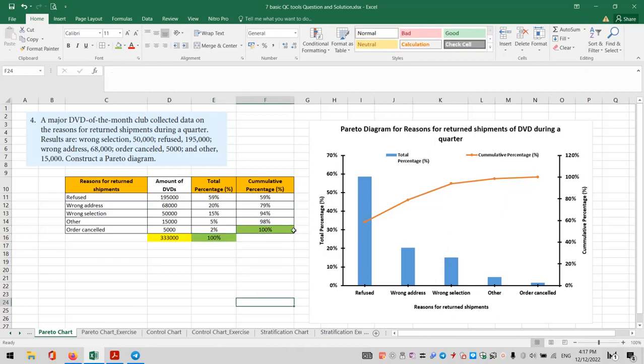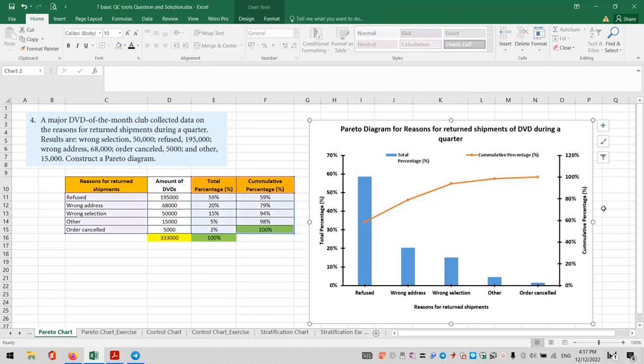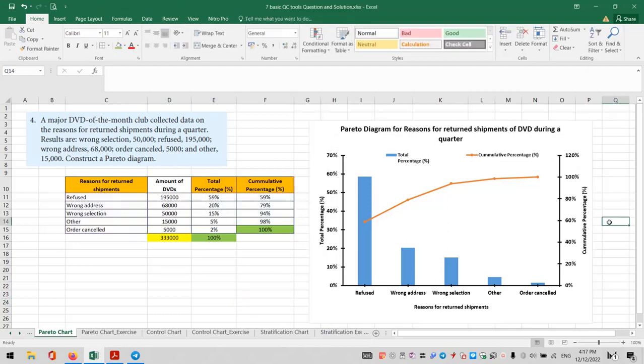After that, you can plot the graph. The perfect graph should contain, first, a title, which we call the graph title. Then you should have the y-axis and the x-axis, and you also need to provide the axis title for each of the y and x axes.